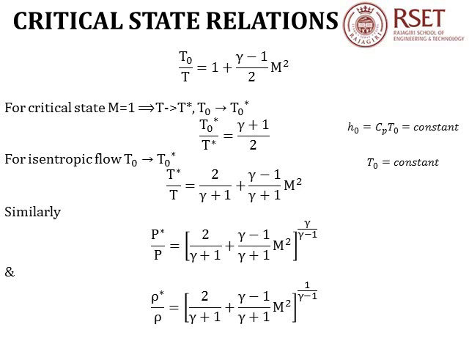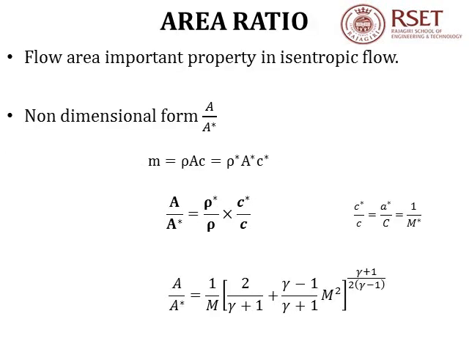Hence, we have to express area in a non-dimensional manner. Hence, we express the cross-section area or the flow area in non-dimensional form using the cross-section area at the critical condition. This term is written as A by A star and is known as area ratio.